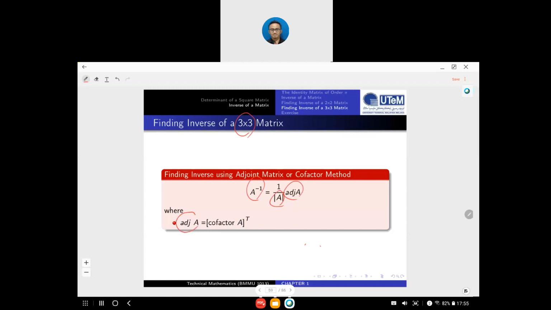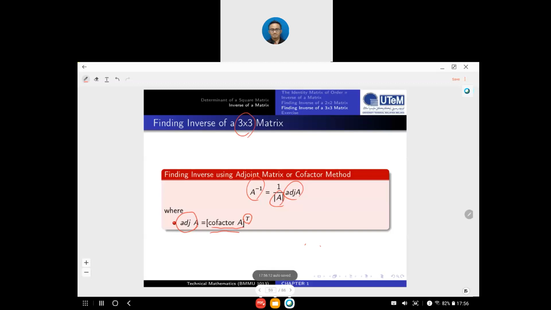Adjoint of matrix A equal to cofactor of matrix A transpose. So awak kena cari dulu what is the cofactor of matrix A. Each row and column, maksudnya each element yang ada kat dalam tu.